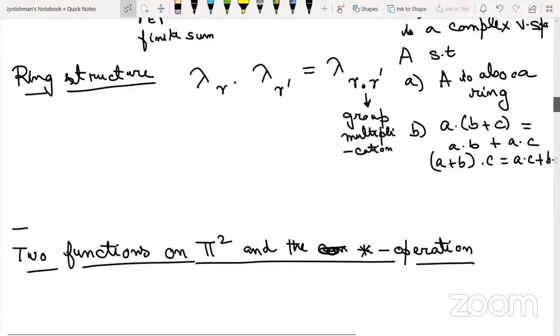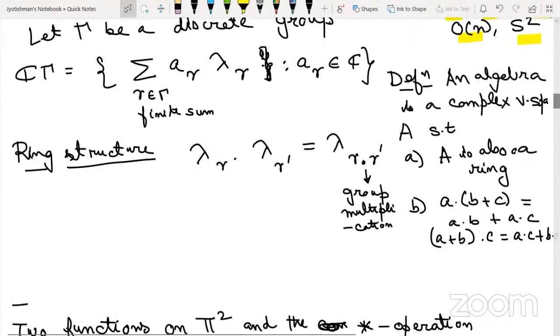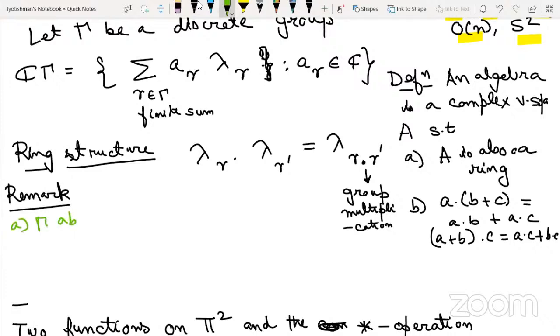Before I end this, I will make one comment. The remark is that Gamma is abelian if and only if the group ring is commutative.